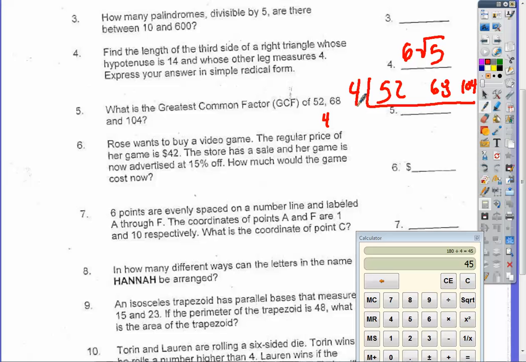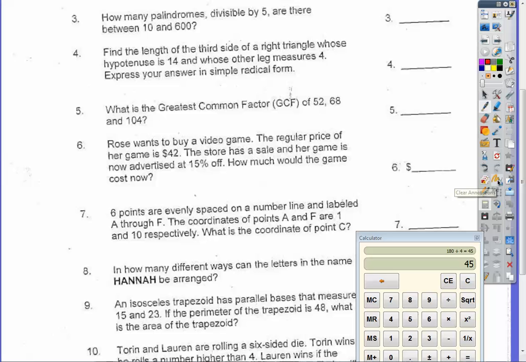So we know 4 goes into it. 4 goes into these 13, 17, and 26. So is there a number that goes into 13, 17, and 26? Well, 13 is prime, so no. It's just 4, because these are prime.